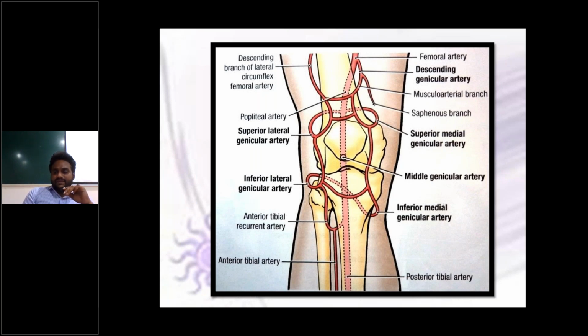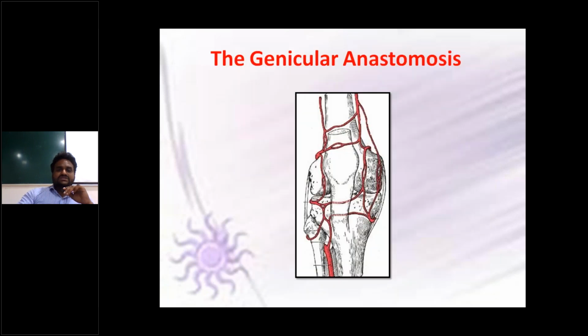Already I told you in the beginning, this knee joint is the largest joint in the body. So obviously, a greater number of blood vessels are supplying the knee joint, unlike the other joints. In other joints, only limited and small arteries are supplying the joint.